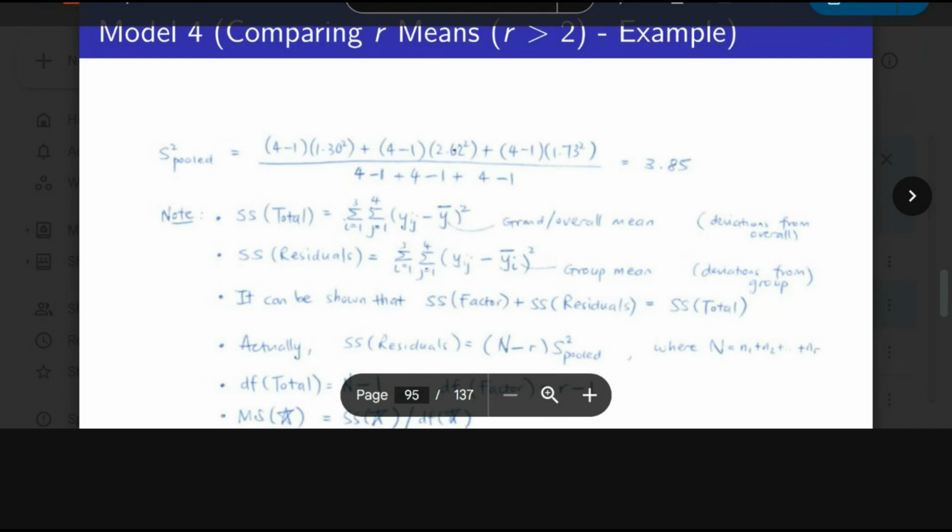A model that is better should have this one small or big? If a model is good, or you want to compare two models, the model that is better has the smaller or larger SS residual? If a model is good, then the SS residual should be big or small?